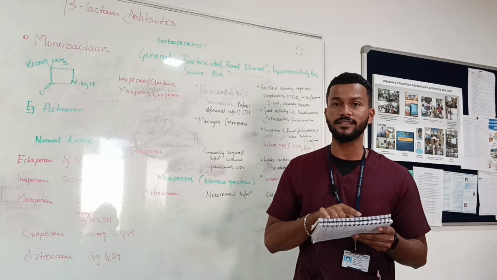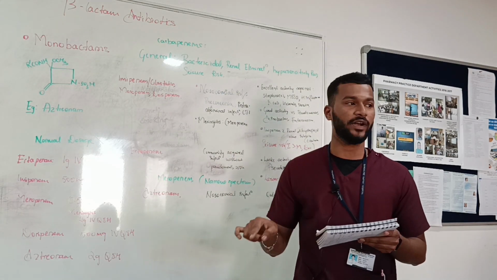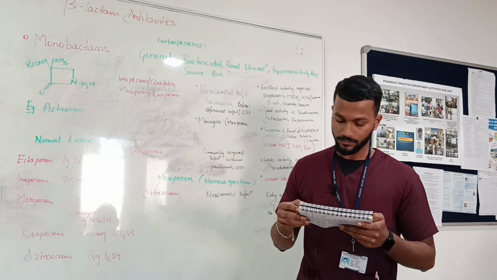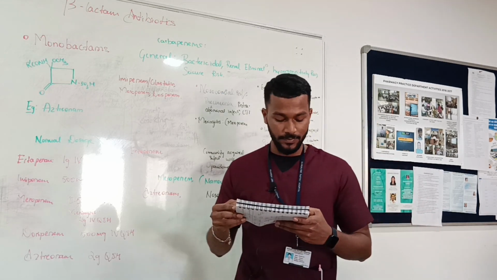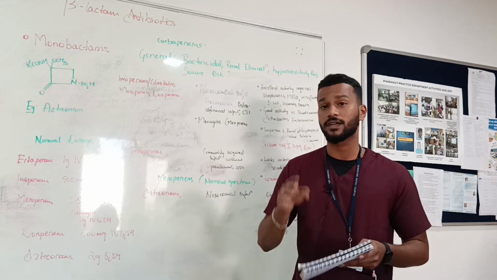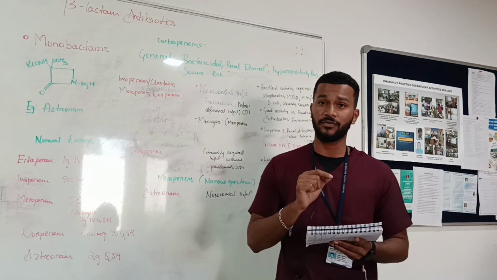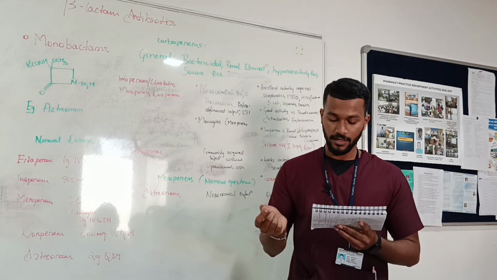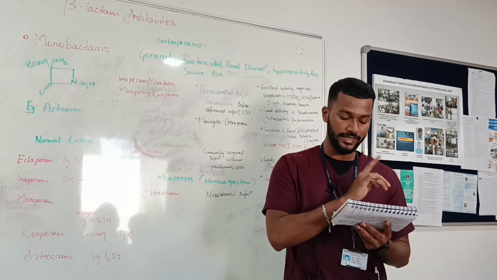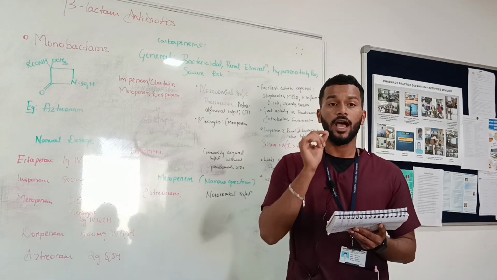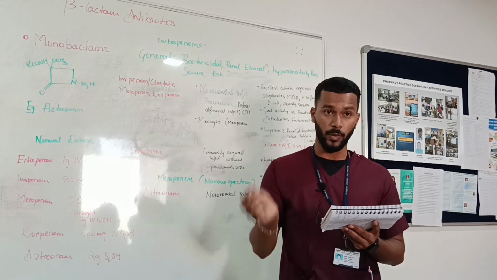In case of meningitis, we have to give 1 gram every 24 hours. The same thing in doripenem also. If the creatinine clearance is 30 to 50 ml, we have to give 250 mg every 8 hours. If it is between 10 to 30 ml, we have to give 250 mg every 12 hours.